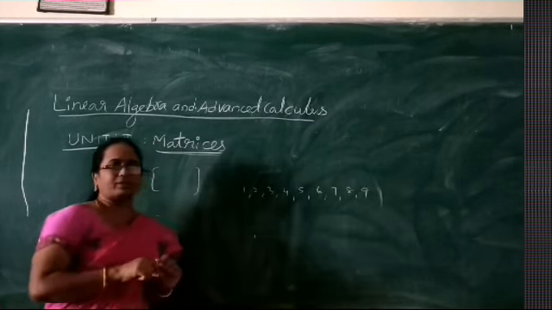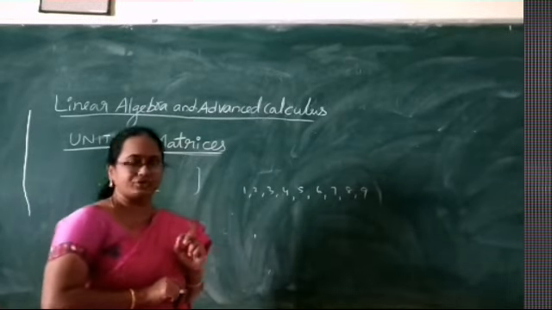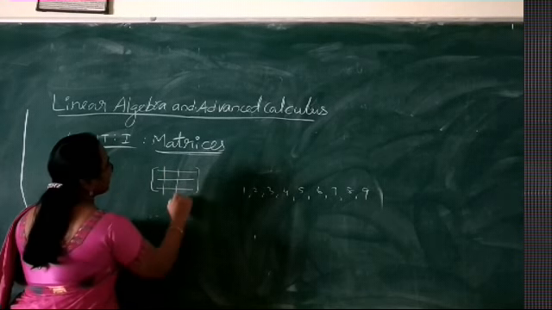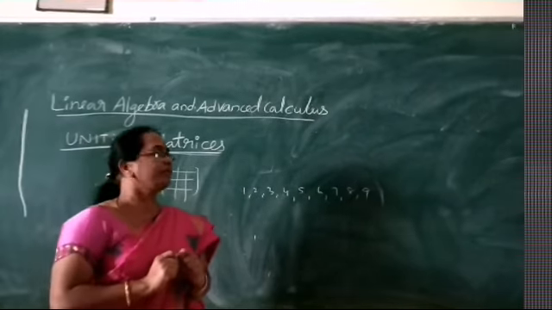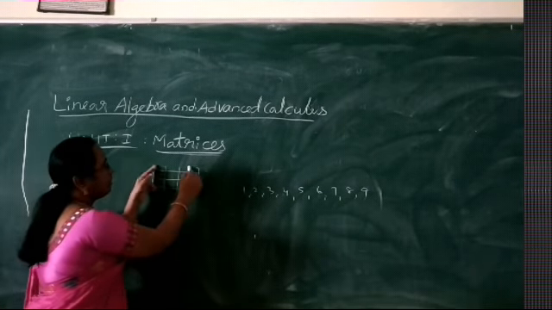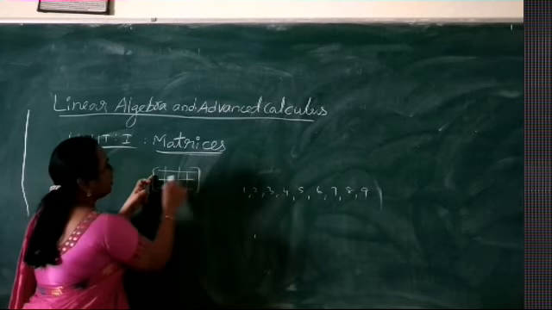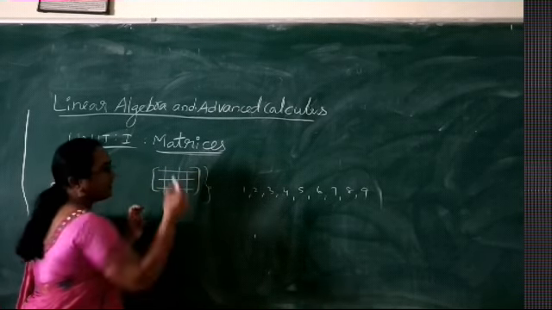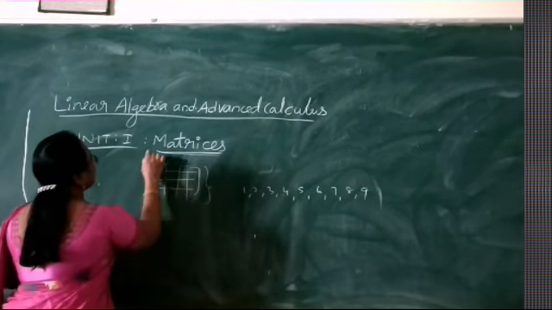Suppose this collection of numbers is arranged along horizontal lines and vertical lines within the closed brackets. Then this arrangement of the given numbers is called a matrix.